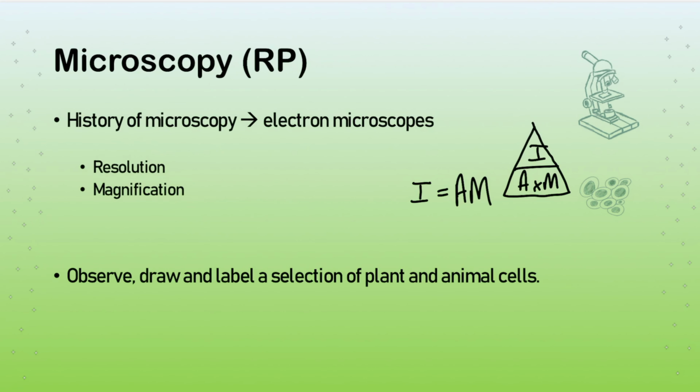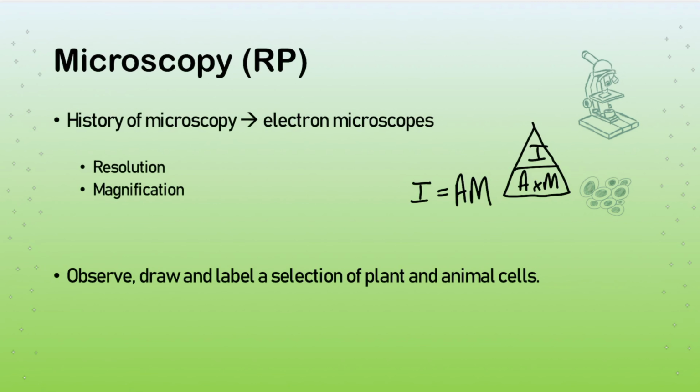And this has allowed us to have a better image. Better resolution basically means that we can distinguish between two points much better than we could for light. Light has a limit to how big we can magnify things because of its resolution, and electron microscopes have allowed us to see the insides of things like chloroplasts, mitochondria, ribosomes and plasmids much better, and therefore understand cells a lot more.